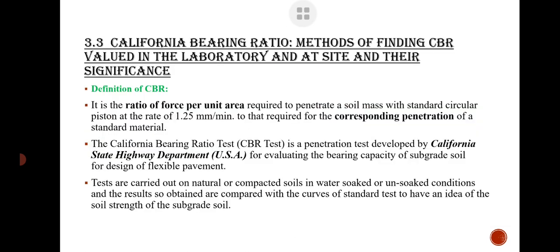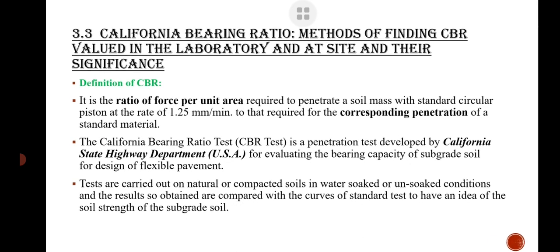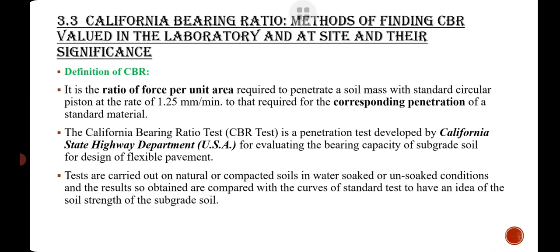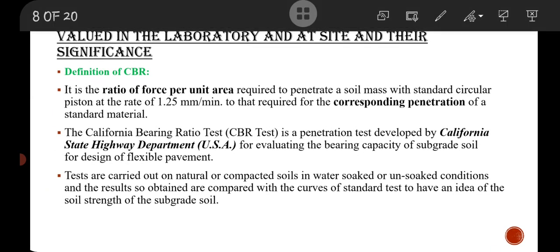So coming to the next, CBR. What is CBR? CBR means California bearing ratio. This test was carried out in California, and initially the test was carried out on compacted stone dust.